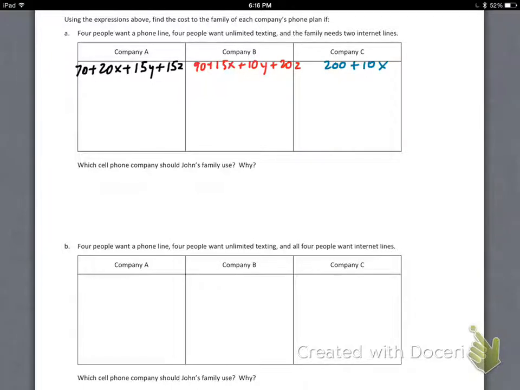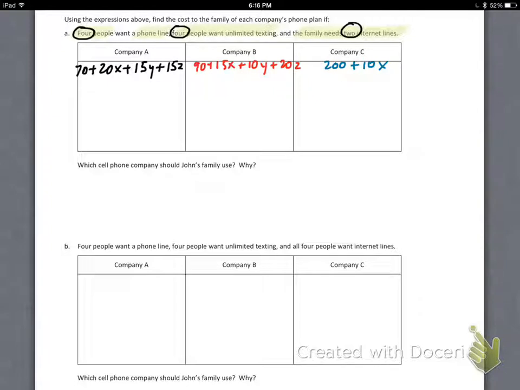Anyway, here's your direction. Using the expressions above, find the cost to the family of each company's phone plan if, for this scenario, 4 people want a phone line, 4 people want unlimited texting, and the family needs 2 internet lines. Okay, so our key numbers here are 4, 4, and 2.